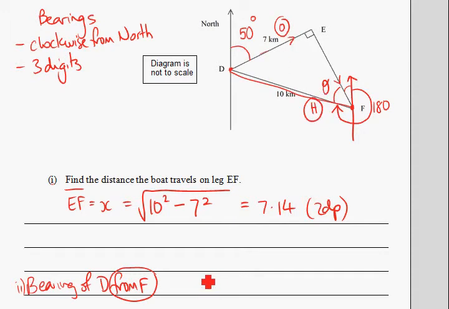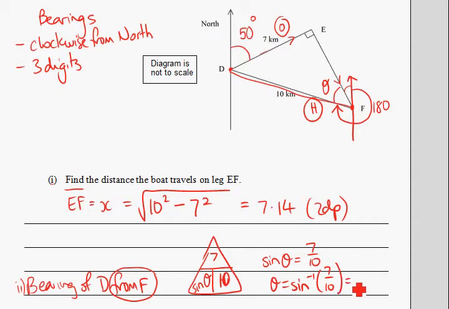Now I haven't got a lot of room here, so if we quickly write a SOH triangle, opposite of 7, hypotenuse is 10, and I want the sine of theta. Of course you'll need to set out some nice working. Theta is going to be sine to the minus 1. Working that out on the calculator.